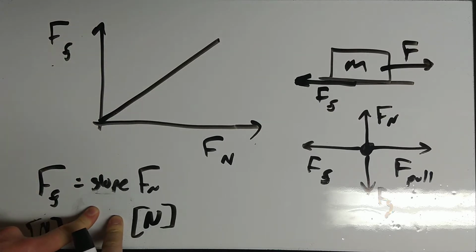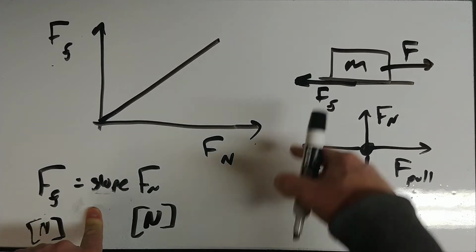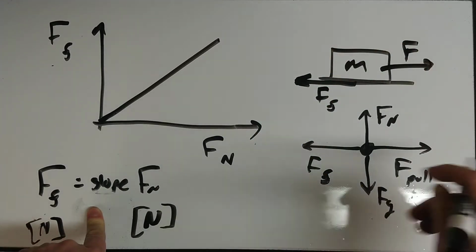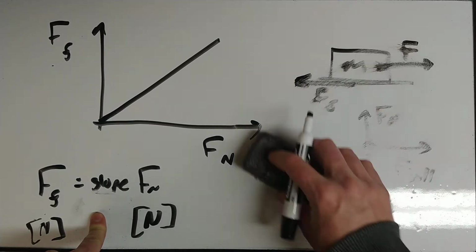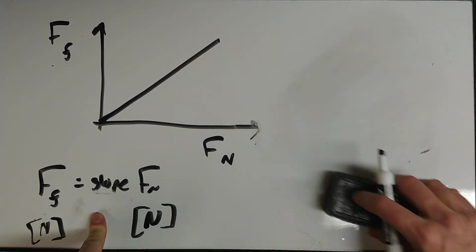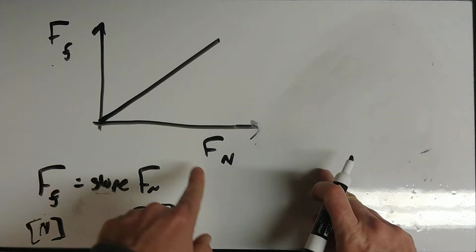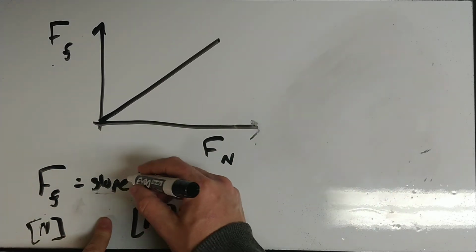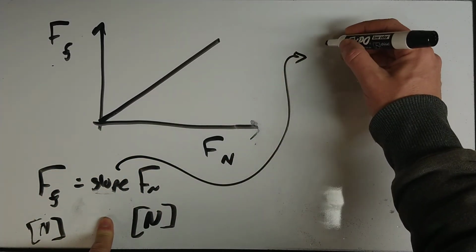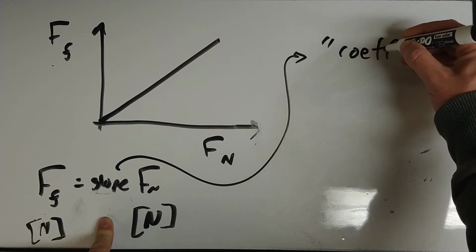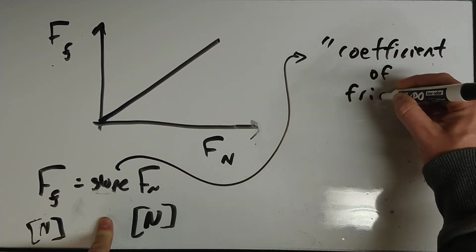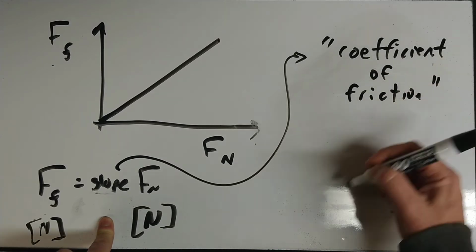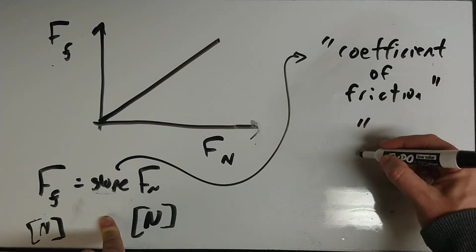And you'll see on the worksheet, we have a list of something called coefficients of friction. It turns out the slope of this line of frictional force versus normal force ends up being something we call the coefficient of friction. And it has a funny symbol.